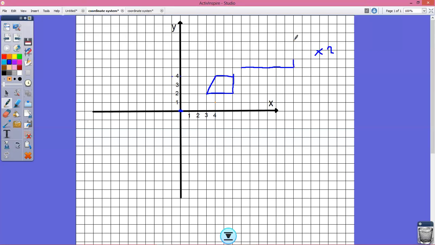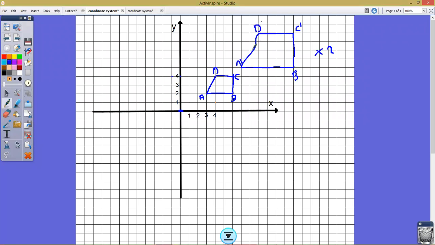1, 2, 3, 4. To the left side, let's say 1, 2, 3, 4. And now this will be this one. Sorry about the drawing. A, B, C, and this is D. Now this will be A bar, this will be B bar, and this will be C bar, and this will be D bar.